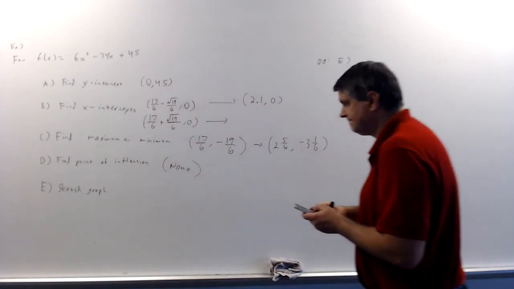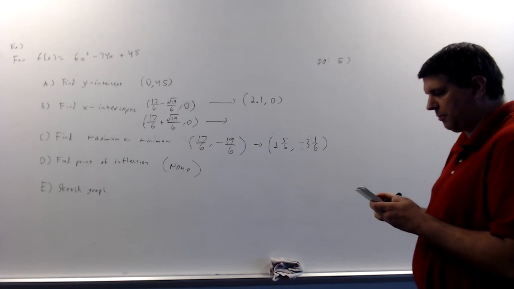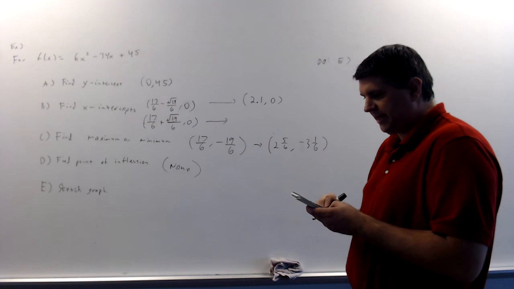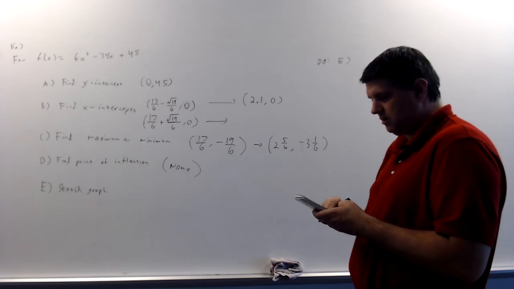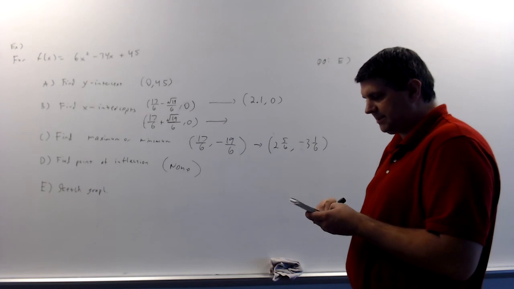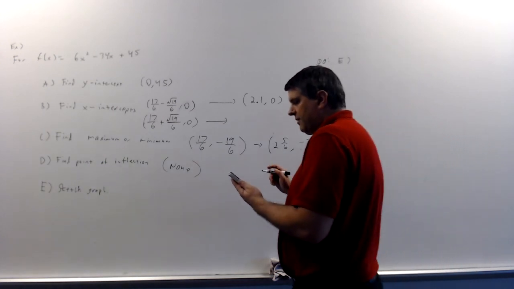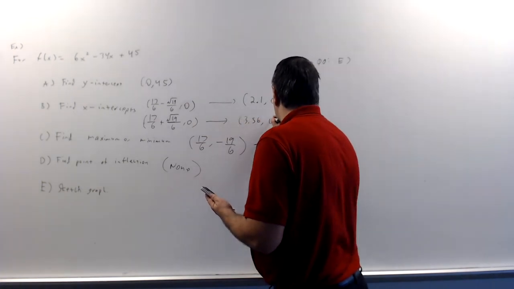Okay. So 17 plus this, so I'll put this in parentheses. 17 over 6 plus the square root of 19 divided by 6. Approximately 3.56, comma 0.